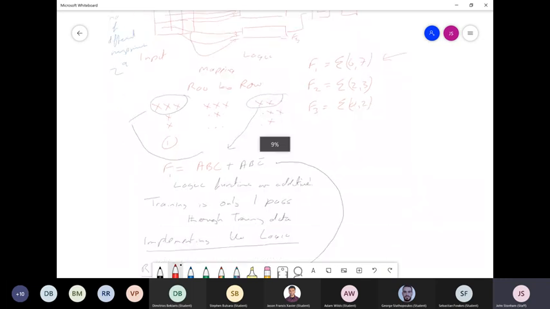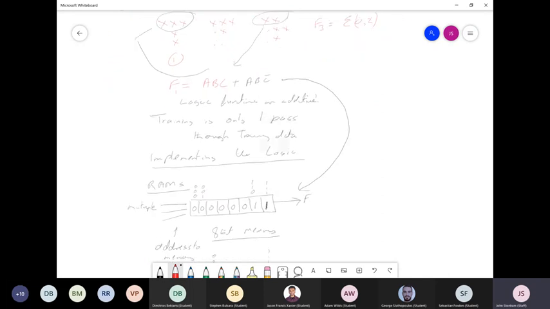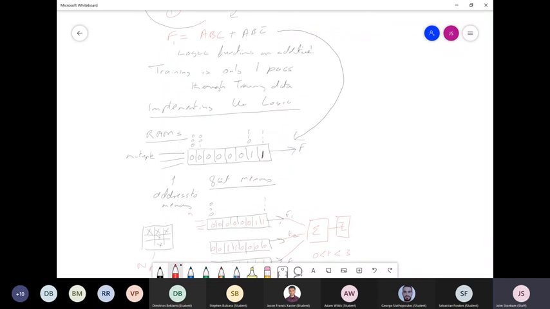Right. Moving on. We can implement the logic functions in random access memories. That's level 1 digital logic design. And for 3 inputs, we would have an 8-bit memory. And the key thing is the interval becomes the address to the memory, and that interval value is not stored. What we store in the case of A, B, and C would be a single bit set to 1, in the location addressed by the interval.